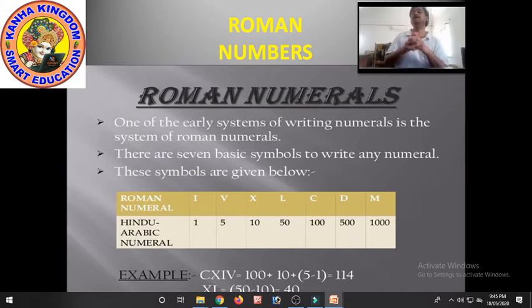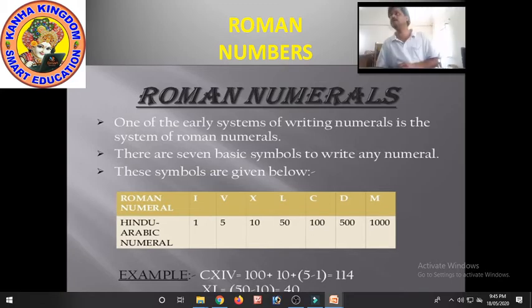If you understand these 7 symbols, you will learn Roman numerals very easily. These symbols are given below. What are the symbols? I wrote both the Roman numeral and the Hindu Arabic numeral. Hindu Arabic numerals means your counting 1, 2, 3, 4.